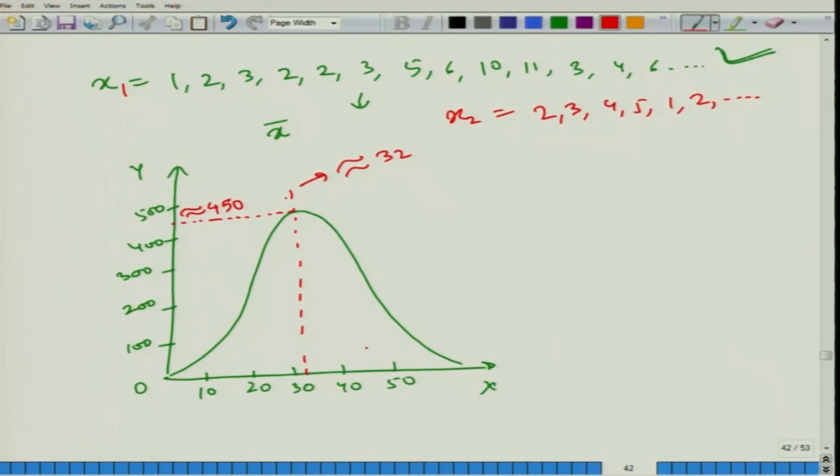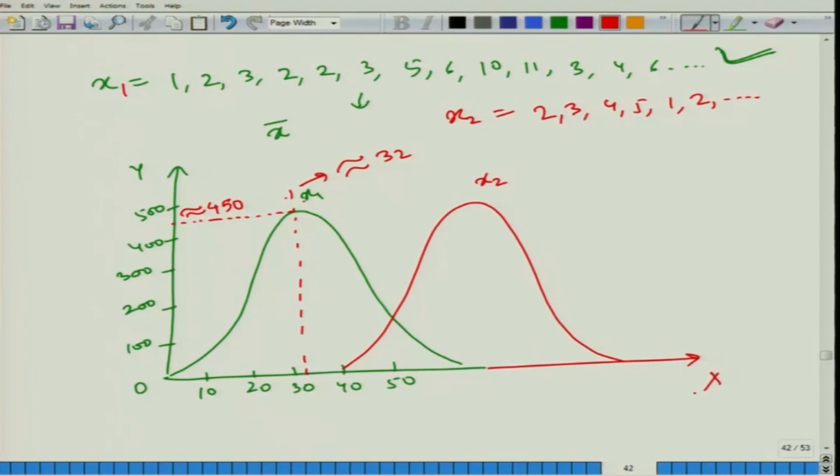But suppose we plotted x1, and suppose we have another distribution in a different color, suppose this is x2. In this case, if I asked you which data set has values that are larger than the other, you would very easily tell me that x2 is greater than x1. In fact, it is way greater than x1.